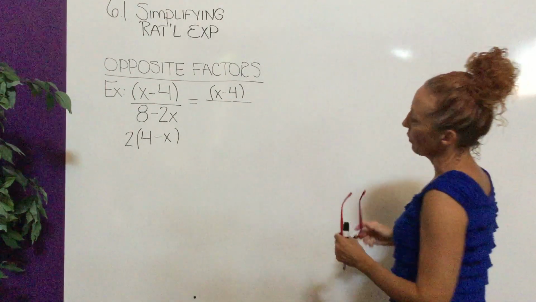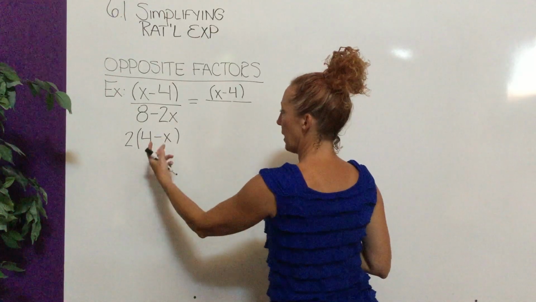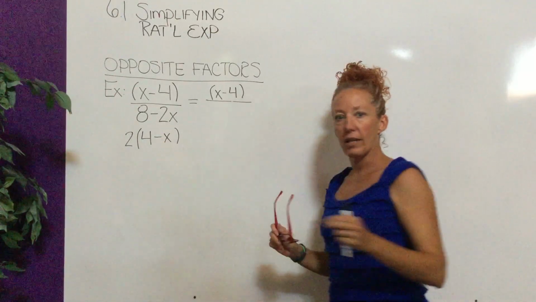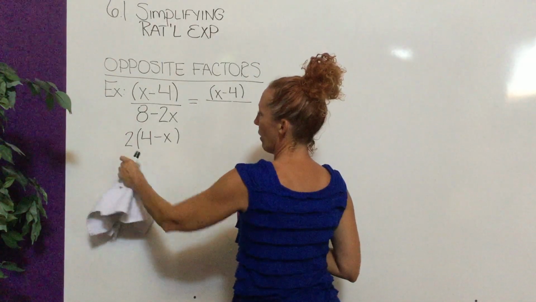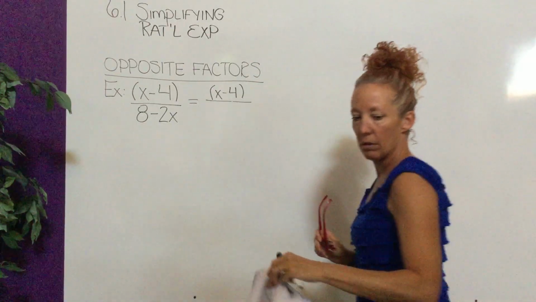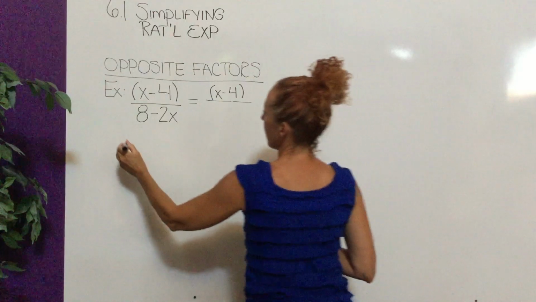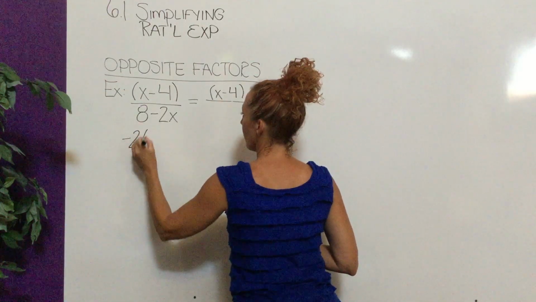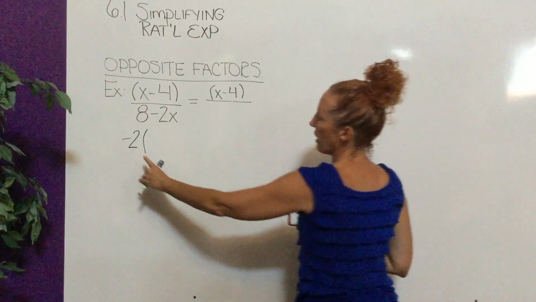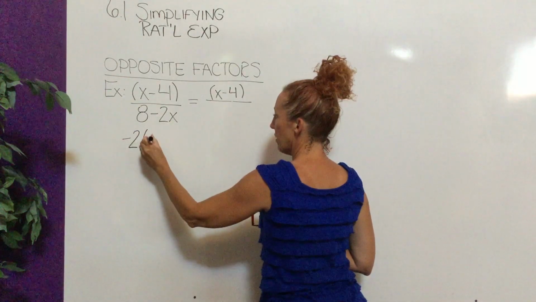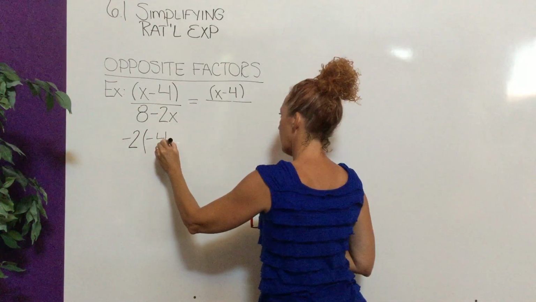So what I really want is I want this to switch. One way to make that work is instead of pulling out a positive 2, go ahead and divide through by a negative 2. And when you do that, negative 2 goes into positive 8 negative 4 times.